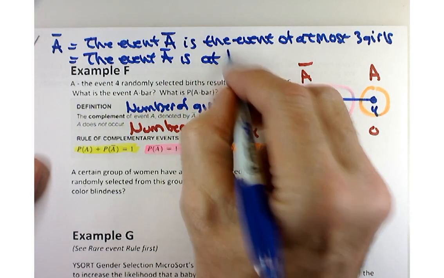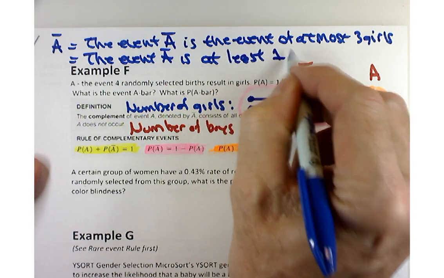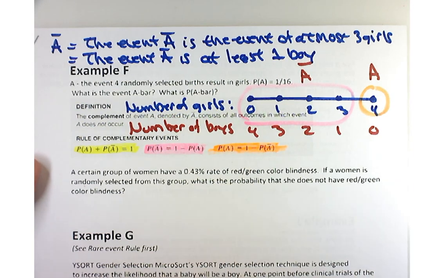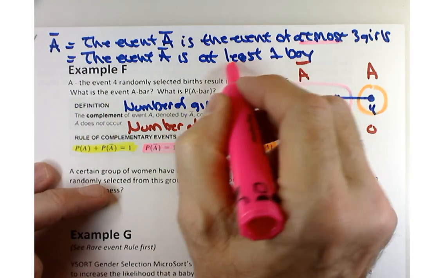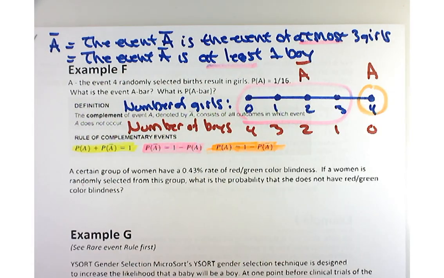At least one. Yeah, at least 1 boy. Thanks, Dylan. So there's a couple ways you could think of it. But these ideas of at least and at most are going to come back at us. So hopefully you're starting to get a little bit familiar with it. We'll certainly have time to practice it.